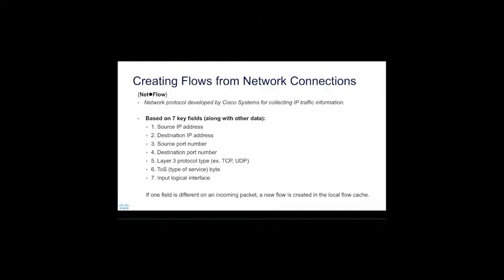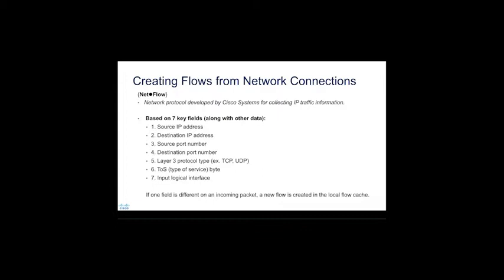If all 7 key fields match, then that information will be appended or added to the record that we're already tracking. Again, if any one or multiple fields don't match, we create a new record for tracking. It's all about making sure that each connection on the network that is a new, unique, individual type of connection for a different purpose is tracked independently.